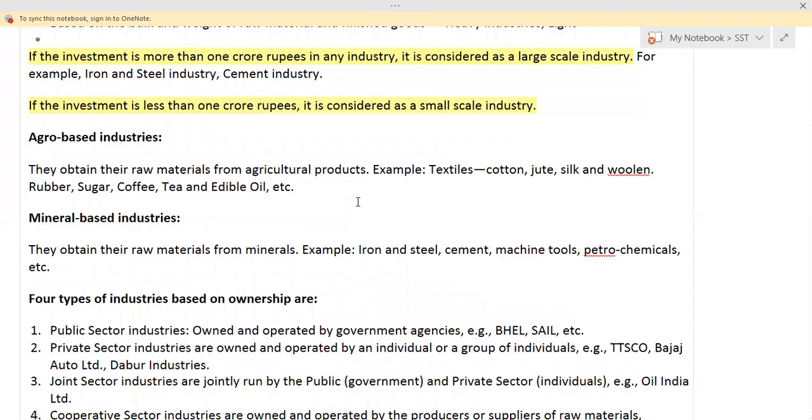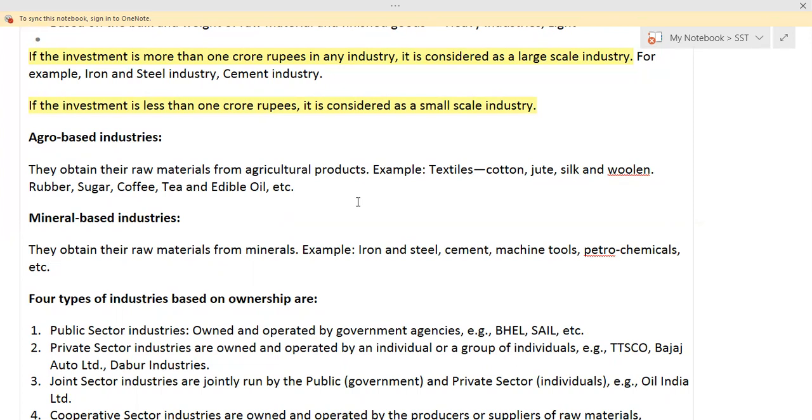For example, textiles, cotton, jute, silk, woolen, rubber, sugar, coffee, tea, edible oil, etc. So agriculture-based industries get their raw material from the products I mentioned. Mineral-based industries obtain their raw material from minerals and metals, like iron and steel industries, cement, machine tools, petrochemicals, etc.